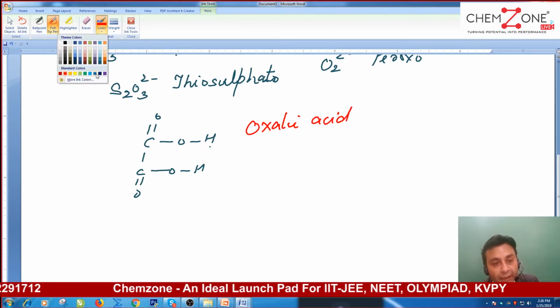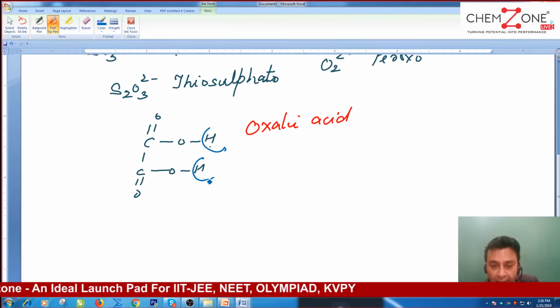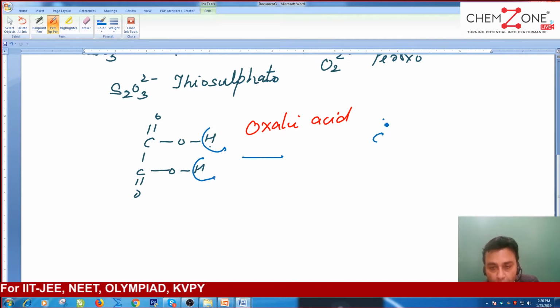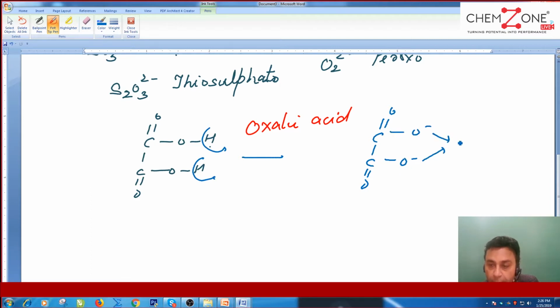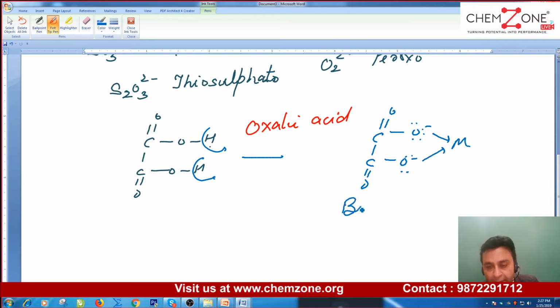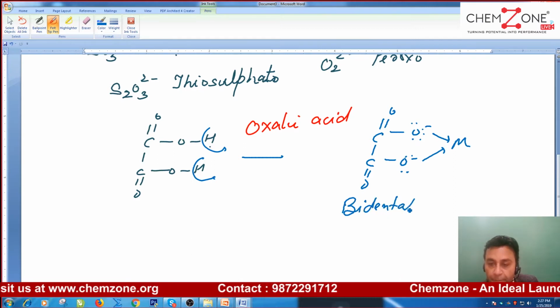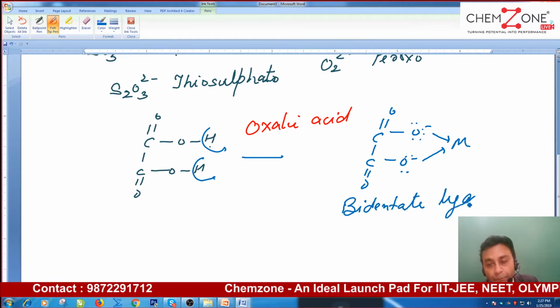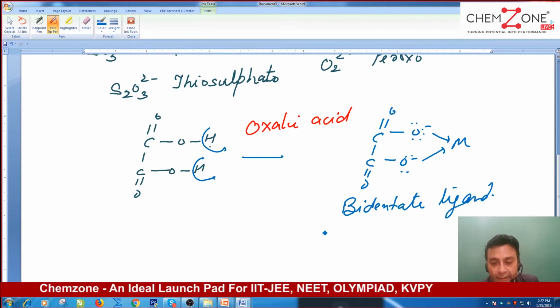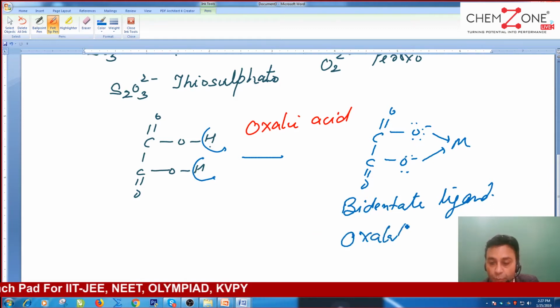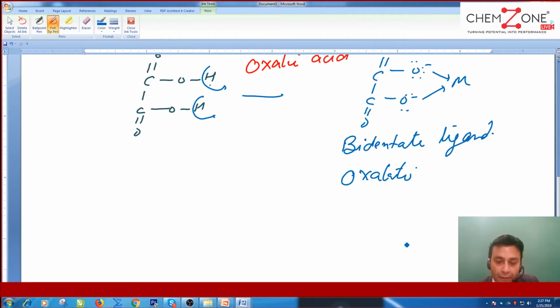And if it loses H positive ions, it can donate electron pairs from 2 donor atoms to the metal atom, and this is a bidentate ligand. This ligand is called oxalato.